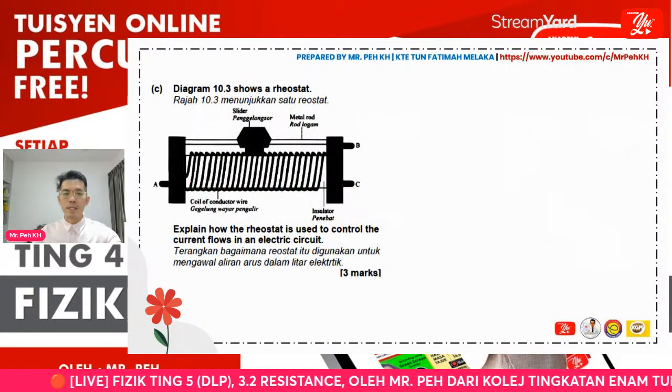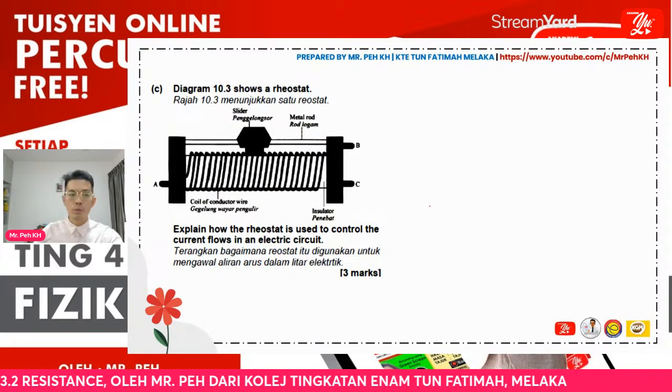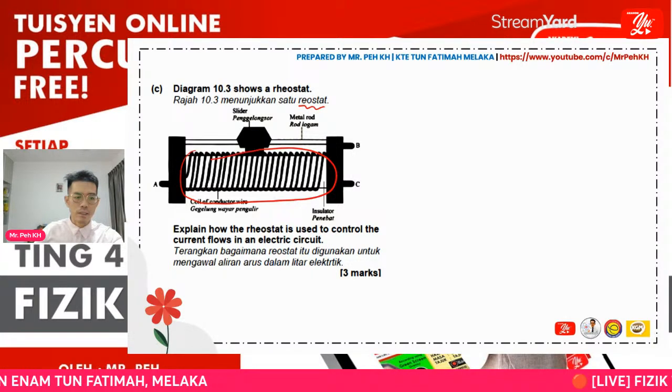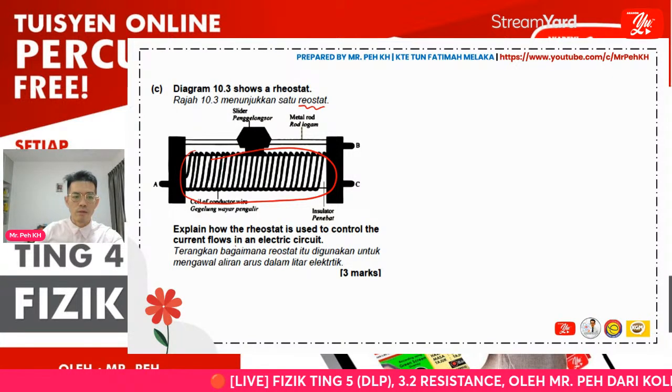Next is another theory question, normally worth 3 or 4 marks. Here this is the rheostat. How does the rheostat work? You can see there is a coil of conductor wire. Explain how the rheostat is used to control the current flow.